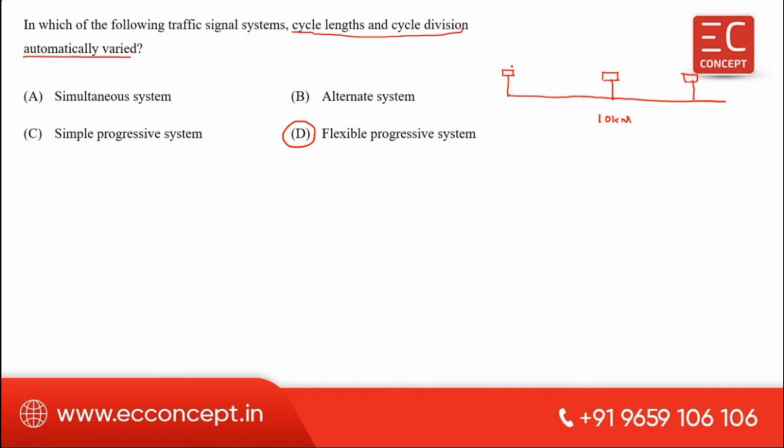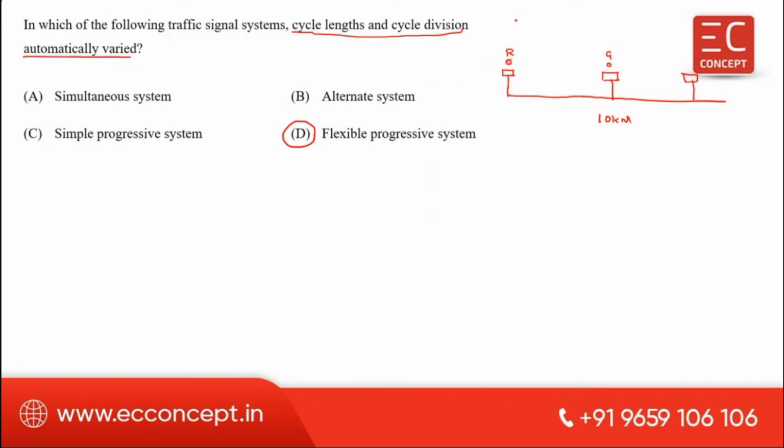Alternate system means there are three lights, green, yellow, red. For example, here suppose the green is activating. Then here red is activating. That means one is existing at one point, then at another point, this same signal will not exist here. That means here some other signal will be activating. For example, here the red is activating, then here a green is activating. So that is alternate system.